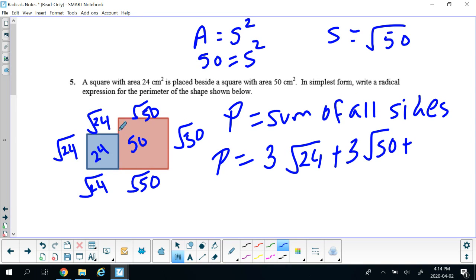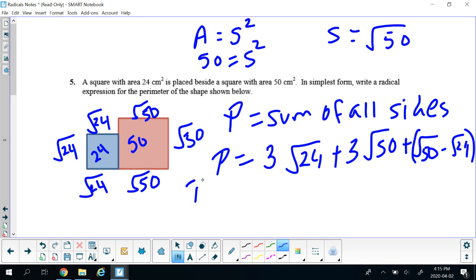So let's have a look at this small side. Let's calculate the length of this small side. We know that this full length is square root of 50. And we also know that this small length is square root of 24. So the remaining chunk, this, is equal to square root of 50 take away square root of 24.